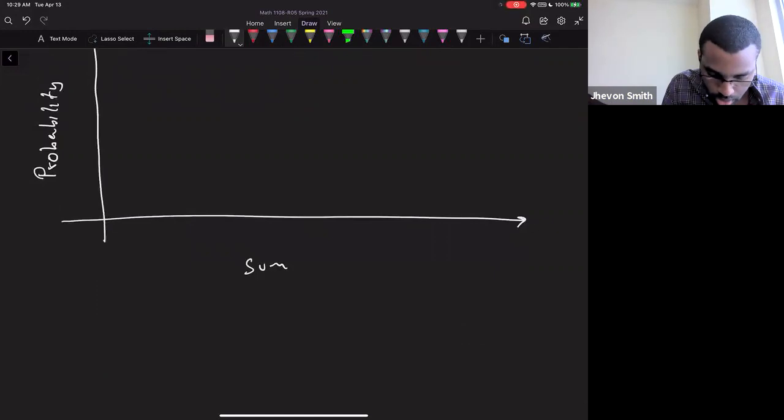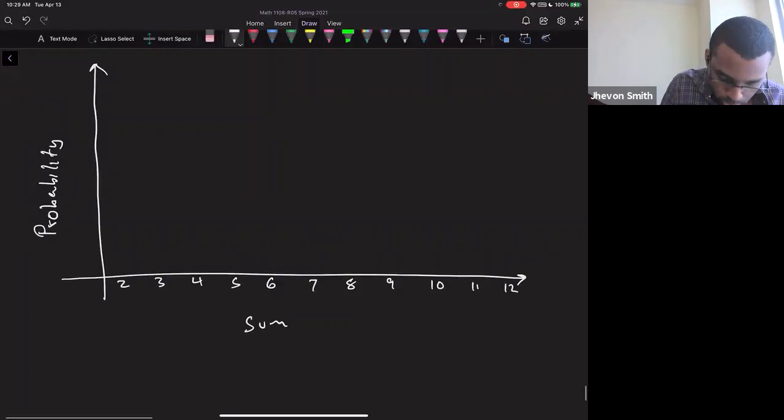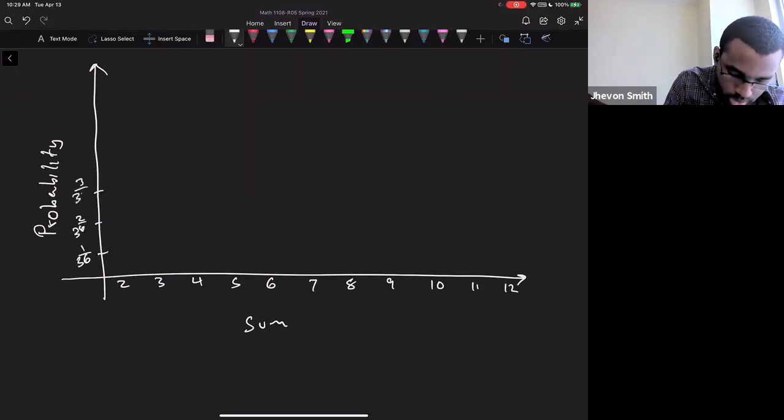The possible sums are 2, 3, 4, 5, 6, 7, 8, 9, 10, 11, 12. Possible probabilities are 1 over 36, 2 over 36, 3 over 36, 4 over 36, 5 over 36, and 6 over 36.